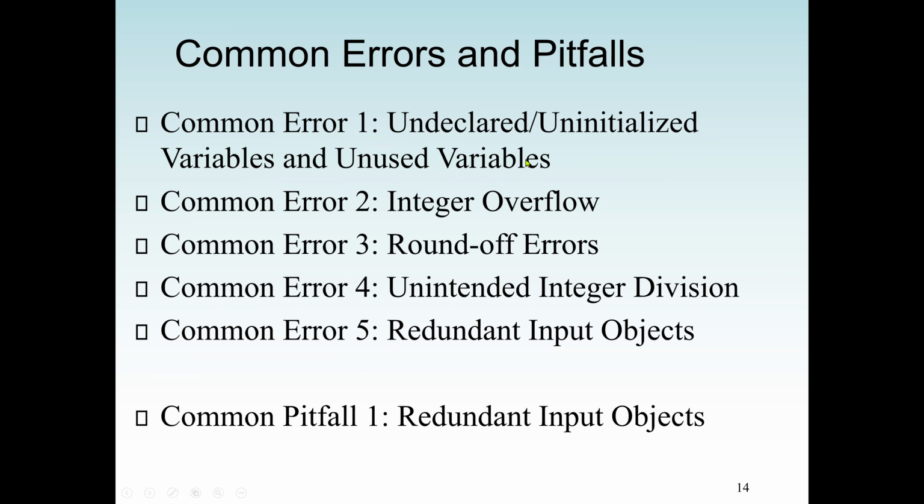In Java, we always need to declare the data type. It's not like Python, whereby you don't need to declare the data type. It depends on the value you put in the variable, and the type of value will be the data type of that variable. But in Java, we need to declare our variable before we use it.